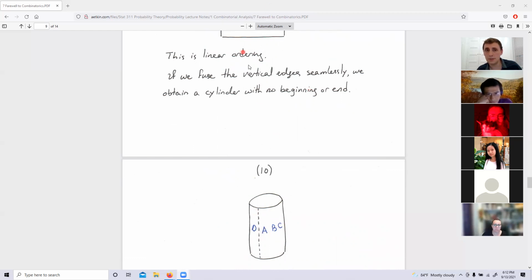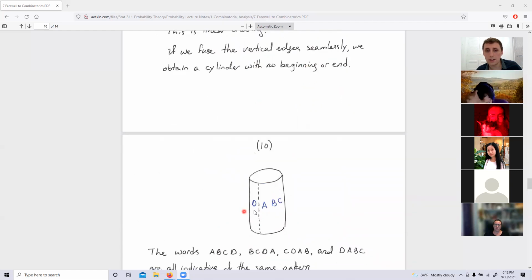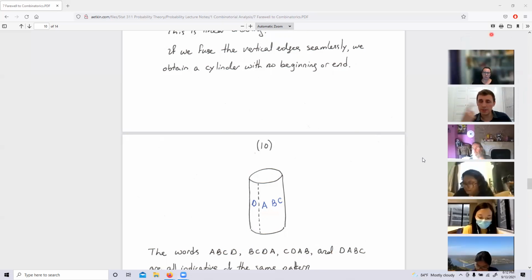Interesting. Somebody says 3 factorial, 7 factorial. Okay, we'll see in a moment. Get ready, guys. And other solutions. So first we are trying to understand it. You see, guys, now when I see it move around, the words A, B, C, D, B, C, D, A, C, D, A, B, and D, A, B, C are the same because they represent the same pattern.